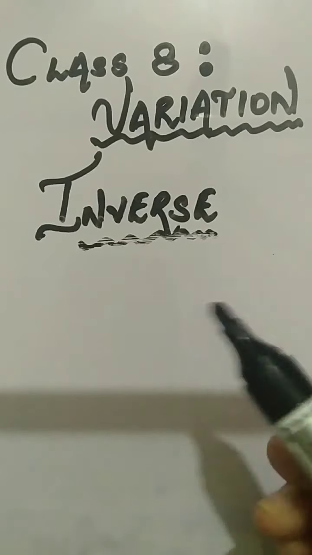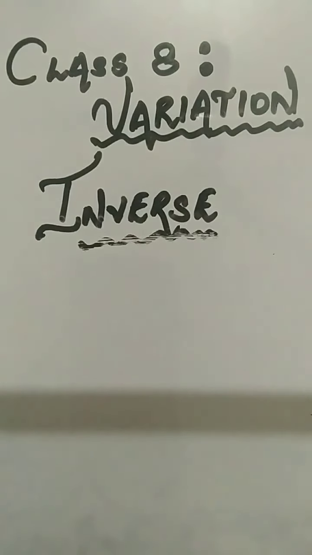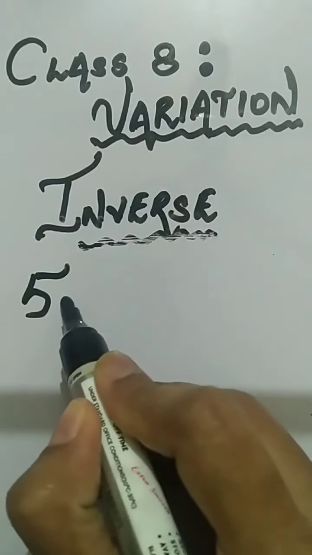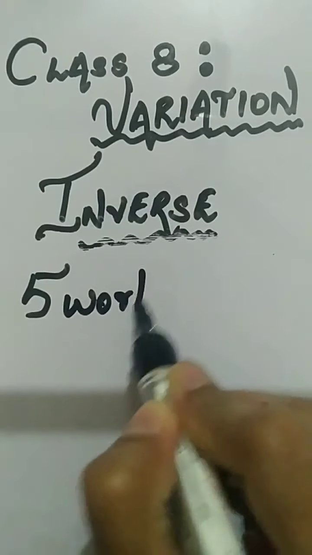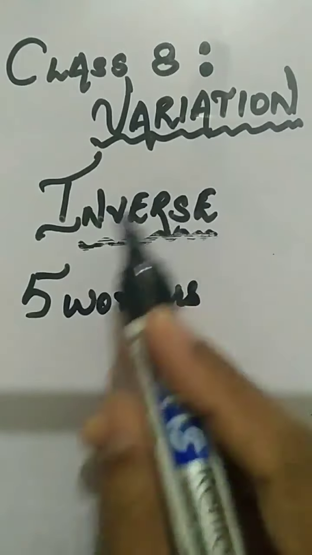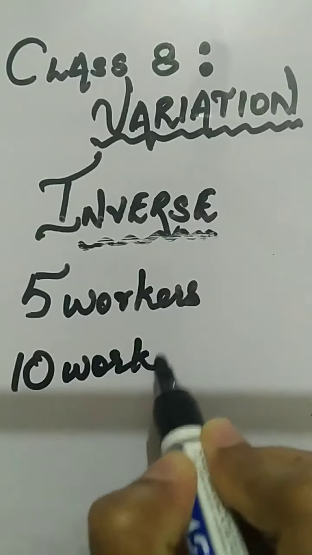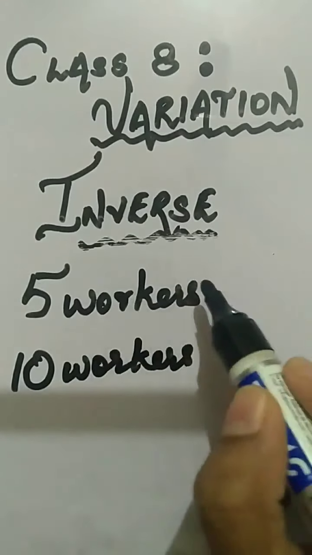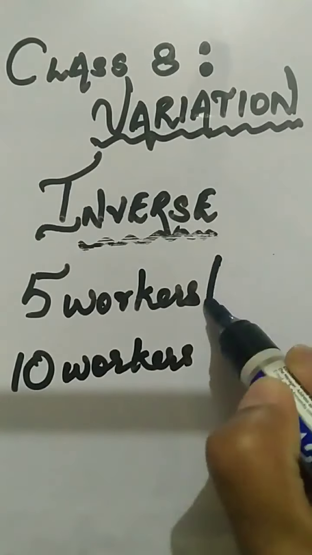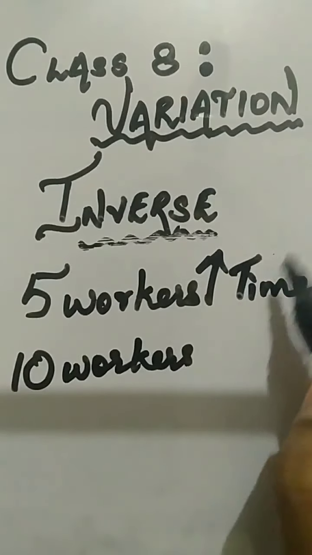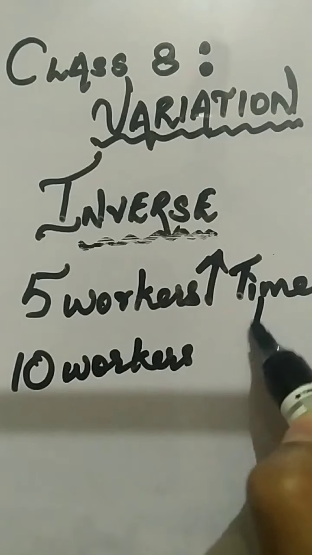What are the examples of inverse variation? Suppose you have 5 workers for a project, and in the other project you have 10 workers. As the number of workers increases, the time taken to complete the project decreases.